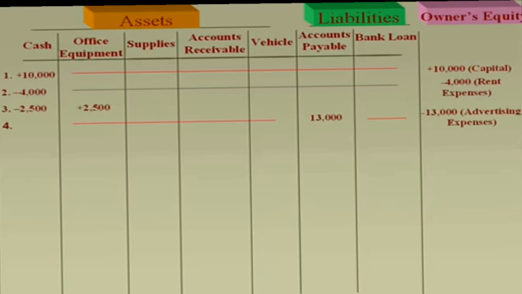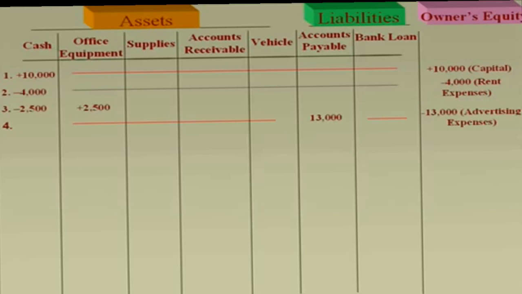Advertising expense, is that good for owner's equity or bad for owner's equity? I just told you expenses are bad for equity. So under equity, it's minus 13,000. You created a liability because you owe 13,000 to an accounts payable. The liability increased. So under accounts payable, it's plus 13.